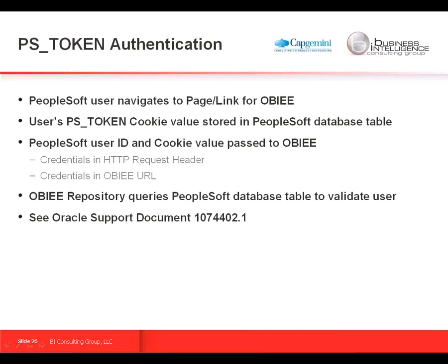OBI receives that token and/or the user information when it is authenticating the user, and it will go out and query that PeopleSoft application table to say, is this person valid? Again, that is documented in an Oracle support document, not in the standard PeopleSoft or BI applications documentation.